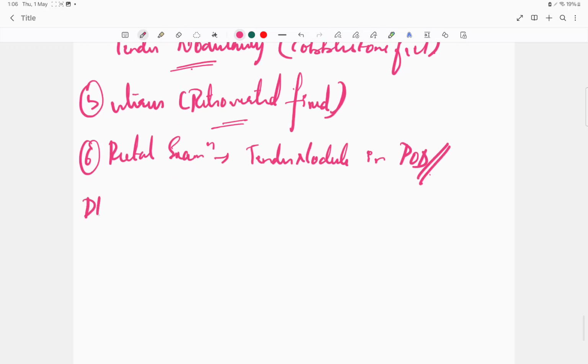What are the differential diagnoses? Of course, if any female comes with lower pelvic pain, you should always suspect pelvic inflammatory disease.